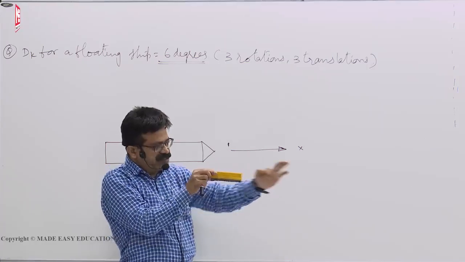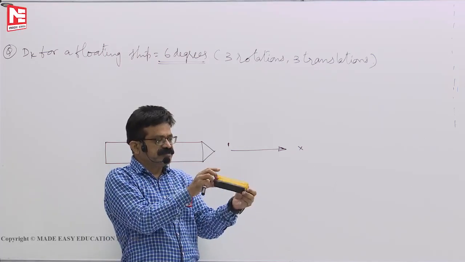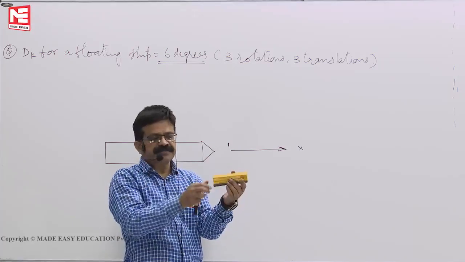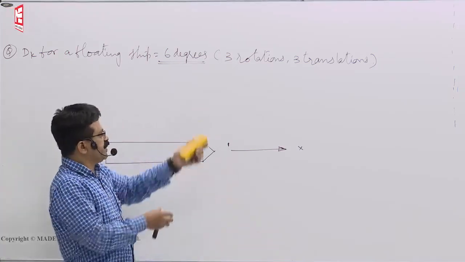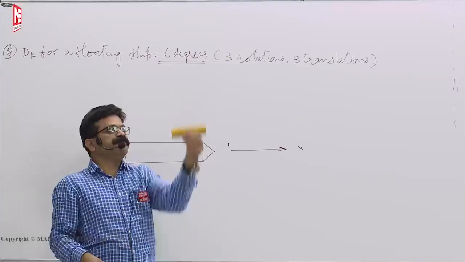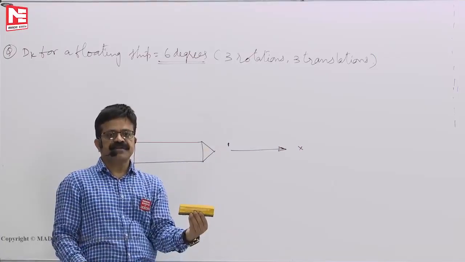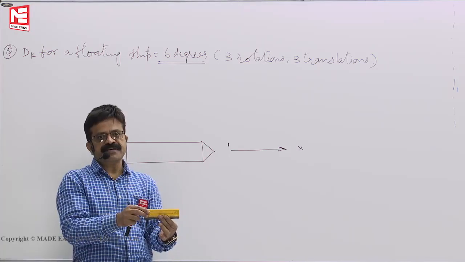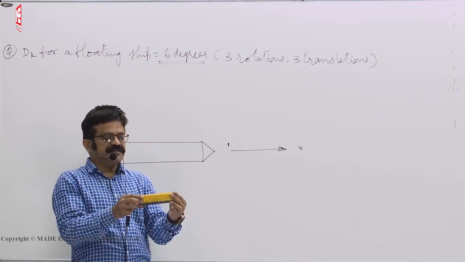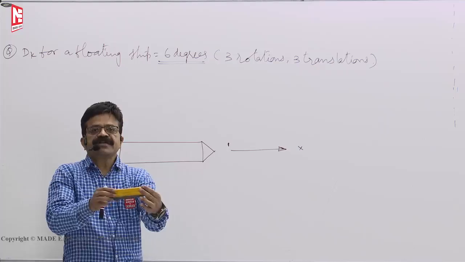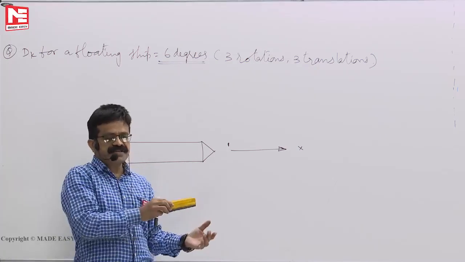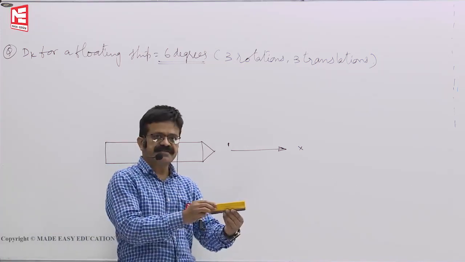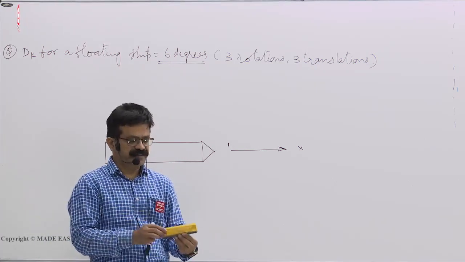And about this axis, if it rotates like this, that is called rolling. Next, in the y direction, this one can move up and down also. That is called heave. Up and down displacement is called heave. Then laterally also it can move. This is called sway. 3 translations means surge, sway, heave.